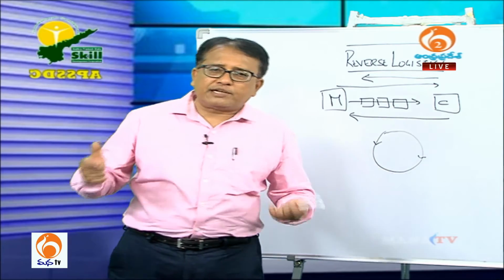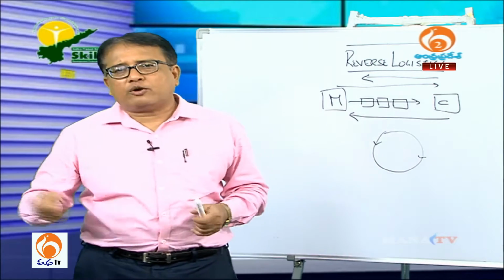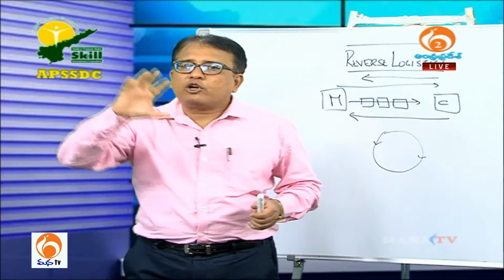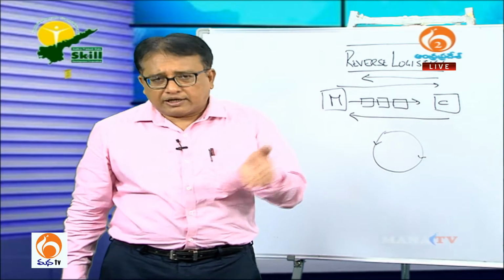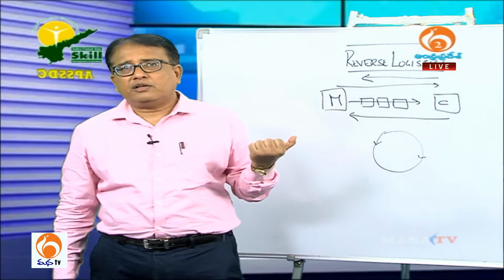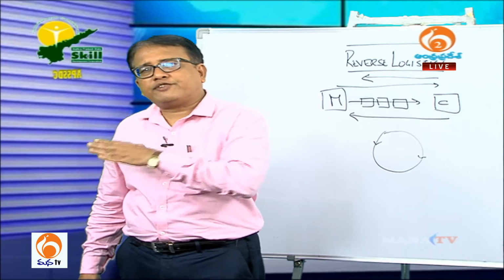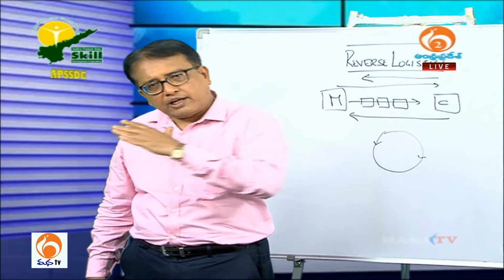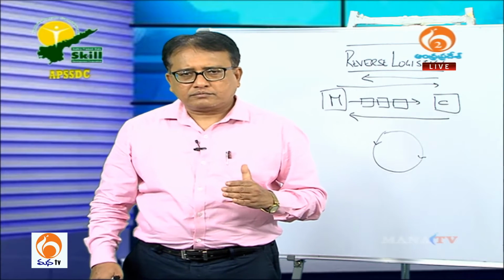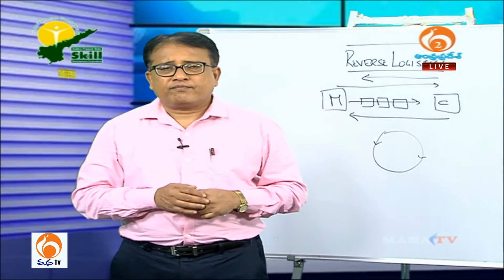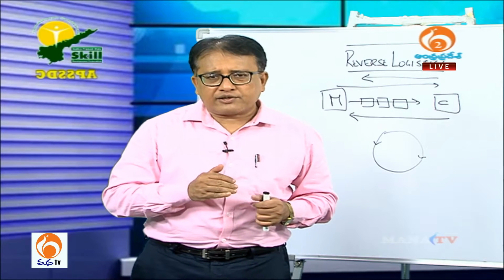Now, what does that manufacturer do with that old item? The manufacturer tries to find a way to earn revenue by modifying that item. For example, a car, an old model sent back to the manufacturer, is modified, because after a certain period of time the value of that particular vehicle comes down, but through certain changes in its features or adding certain features, the manufacturer is able to raise it.